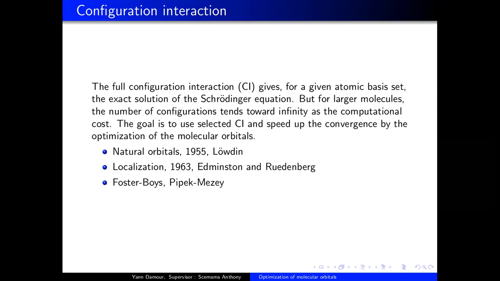So in 1955, Löwdin introduced the natural orbitals that diagonalize the one-body density matrix. And after that, Edmiston and Ruedenberg introduced the first localization method. And after we have Foster-Boys and Pipek-Mezey, which developed other methods.